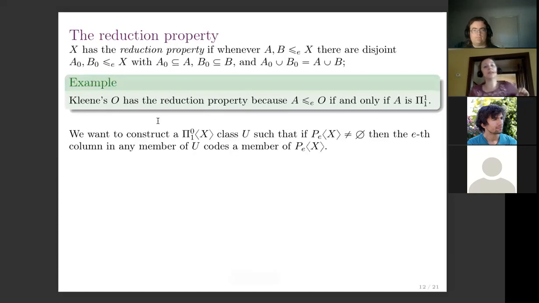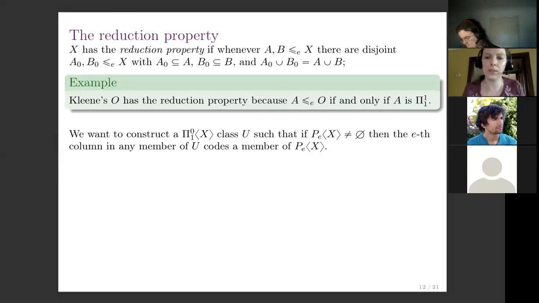But there's still a relationship to what we were talking about, and it can be seen as follows. So suppose we want to construct a Pi^0_1 relative to an enumeration oracle X class U. So suppose we want to construct a universal class.